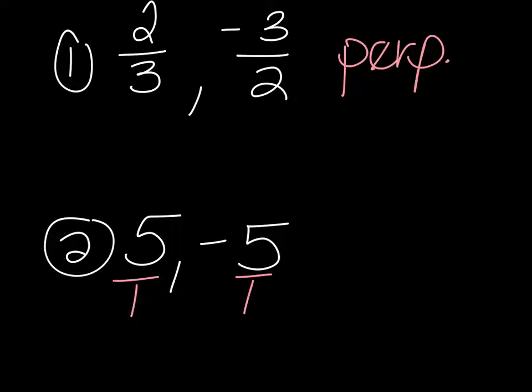So I'm going to put both whole numbers over 1. Now, while it kind of looks like they're opposites, because you have +5, -5, they are not reciprocals of each other. So number 2 is neither. It cannot be parallel because it's not the same, and it can't be perpendicular because they're not reciprocals of each other.